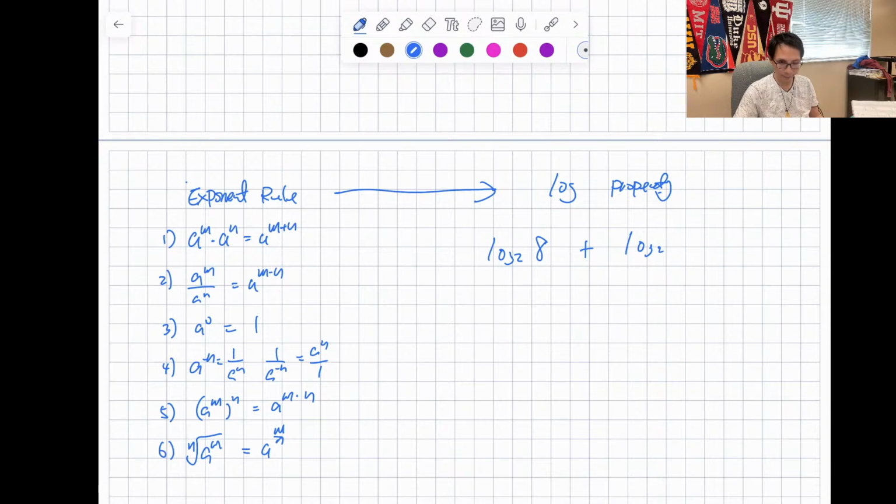Log 2 of 4 is equal to what? Which number inside qualifies to be log 2 of 8 plus log 2 of 4? I'm talking about the number inside the argument right here.